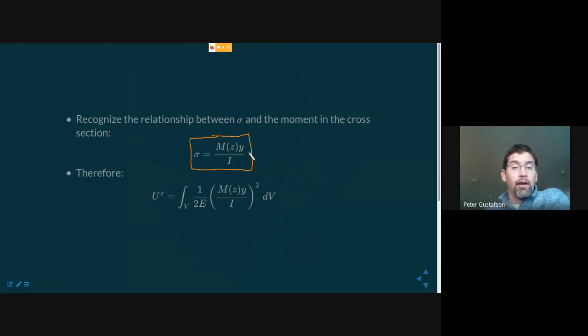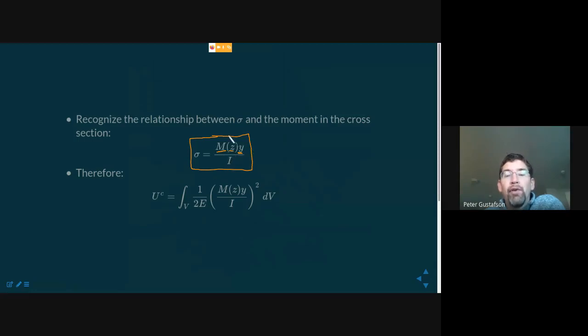Okay. Sorry about that. Anyway, if I write this form that relates the bending moment to the stress, now we have it as a function of position, so y is position within the cross section, and along the z-axis the moment gives us a relationship because it's dependent on z.